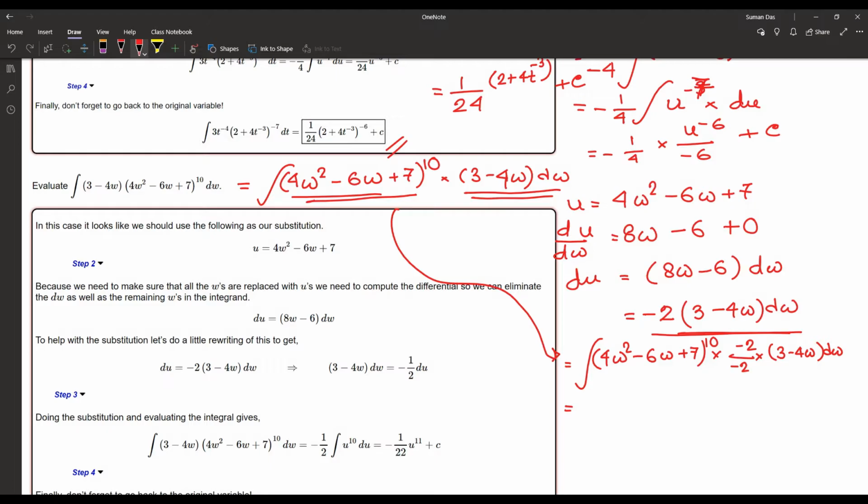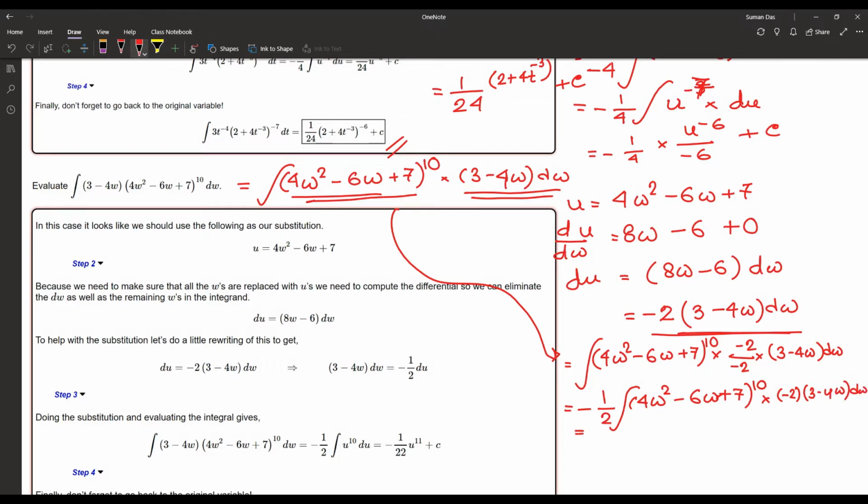So we are keeping minus half as a multiplier, and that is (4w^2 - 6w + 7) whole to the power 10 into minus 2 of (3 - 4w) dw.